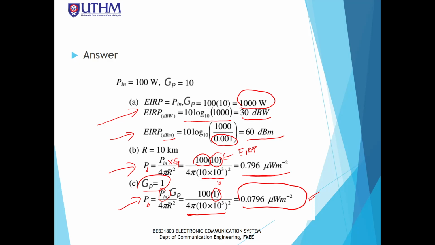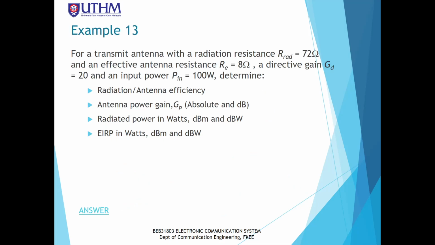The higher the power density, the better the quality of the signal. That means our coverage area would be strong. Compare, if you use an isotropic radiator, the coverage strength becomes weak. So kita perlukan coverage yang kuat.